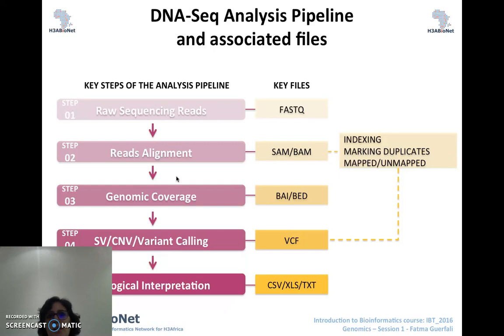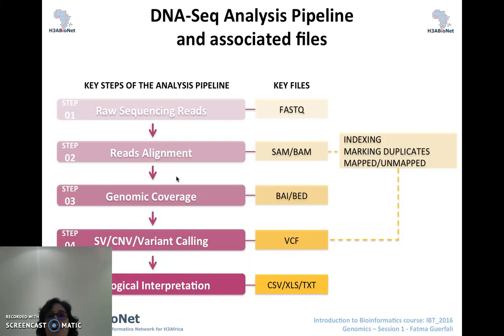So I really only focused here on the key files that are involved, for the sake of space and time, although I highlighted here one particular step after the generation of the BAM files, because this step has a great importance in all the following steps, both for genomic coverage and for variant calling. And we will also see the files that are required as input in the following slides. And we will talk a bit about some of the tools or software that are used and on which you can rely to generate or exploit these files.